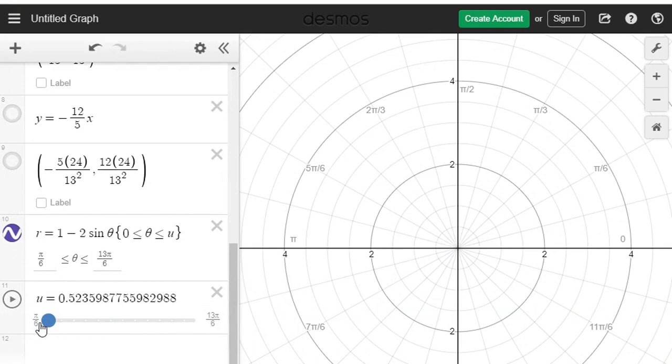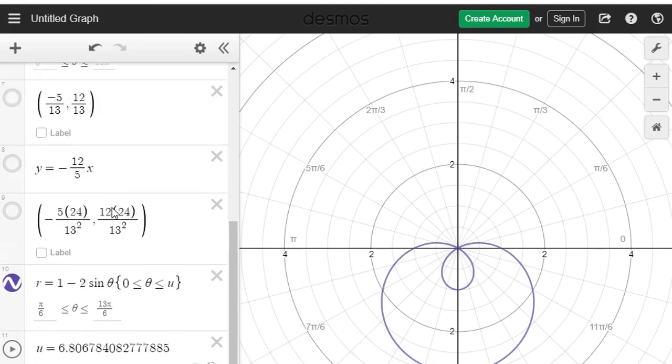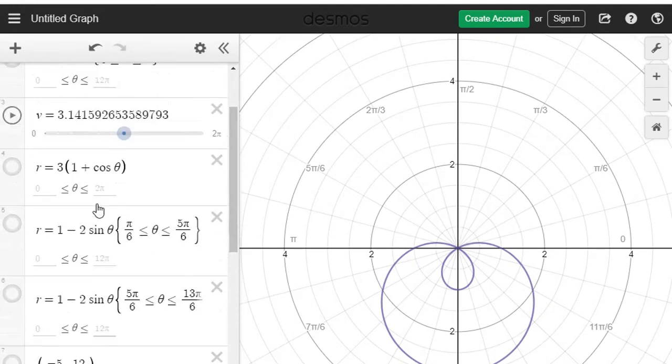I could go from 0 to 2 pi, but the problem asks us to color things a little differently based on whether it is pi over 6 to 5 pi over 6, or 5 pi over 6 to 13 pi over 6. So notice that from pi over 6 to 5 pi over 6, we get the little part, the loop, and then we get the outer part otherwise.